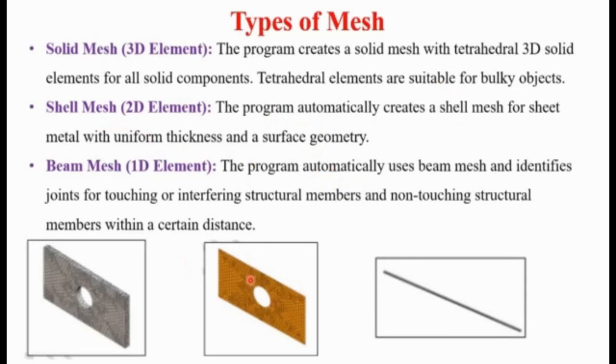Here we can see a 2D sheet metal object, and 2D elements are used for meshing. For the beam mesh, the program automatically identifies the joints for touching or interfering structural members, and non-touching structural members within a certain distance. A number of 1D beam elements are used to connect to each other, so meshing is done using 1D elements.